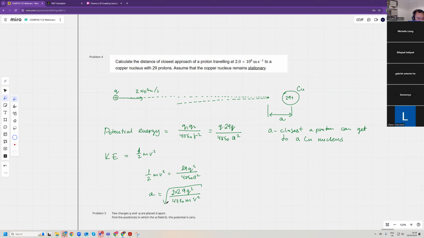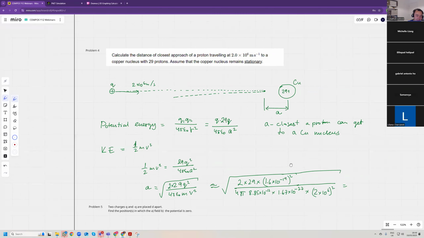So that should be 2 times 29 times the charge of a proton, 1.6 times 10 to the minus 19, squared, divided by 4 pi epsilon naught, which is 8.85 times 10 to the minus 12, times the mass of the proton, 1.67 times 10 to the minus 27, times velocity squared, which is 2 times 10 to the 6 squared.